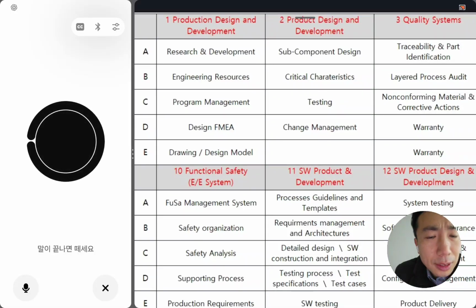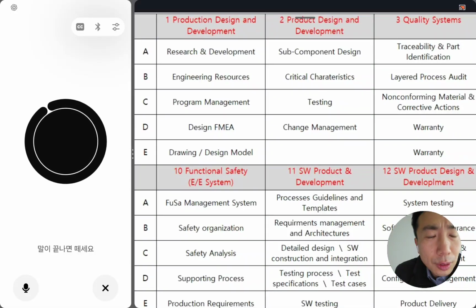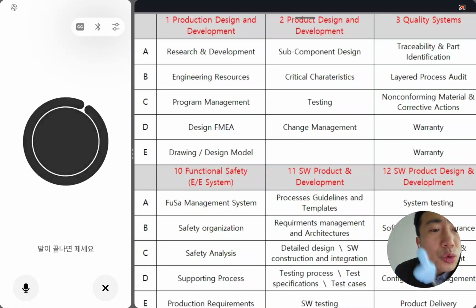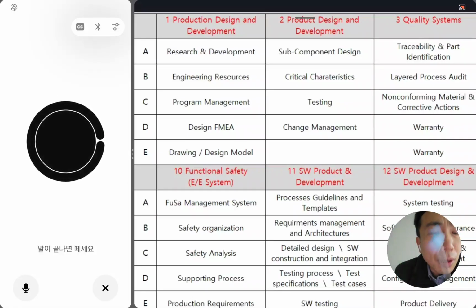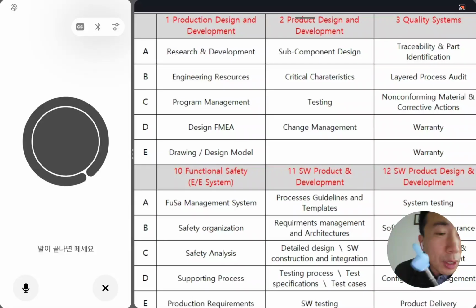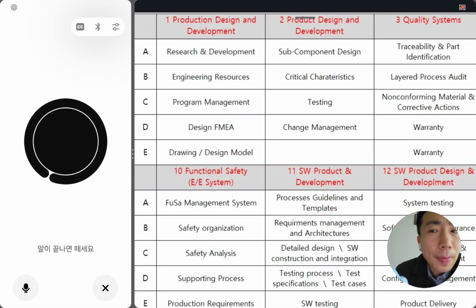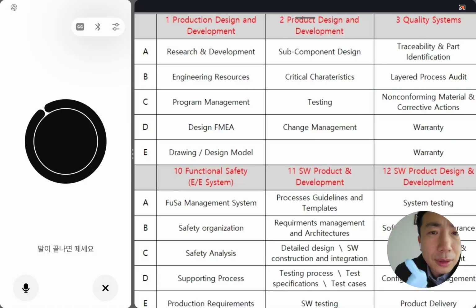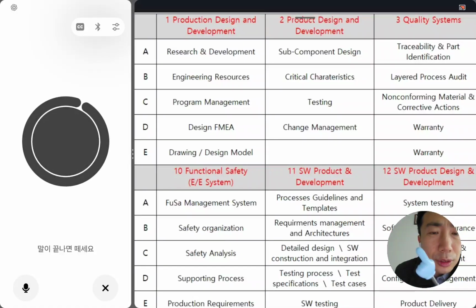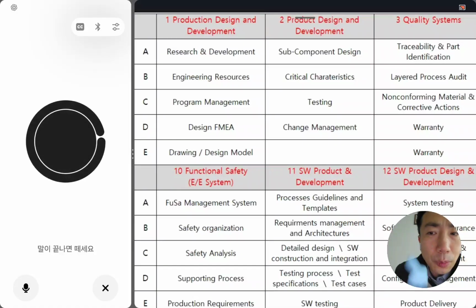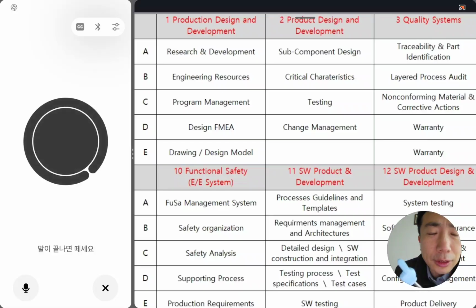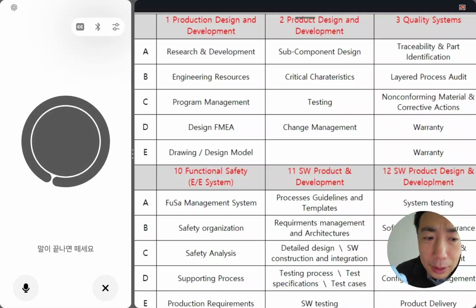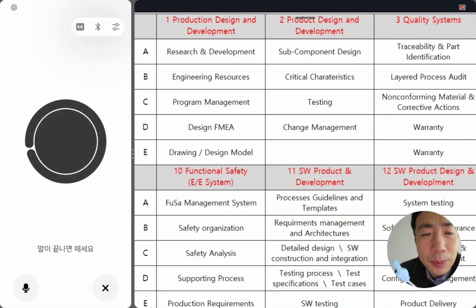Imagine that you were an auditor for our company and ask me possible questions on this topic, critical characteristics. Go ahead, GPT.